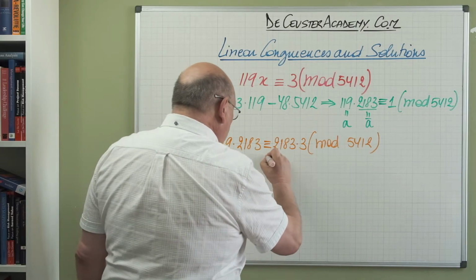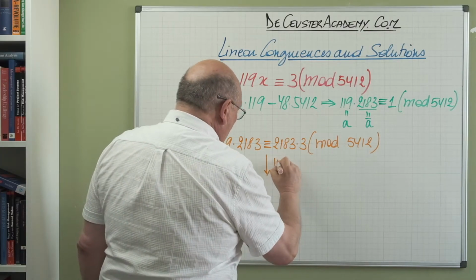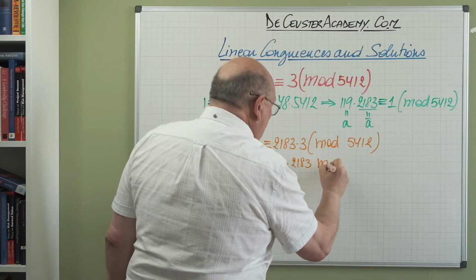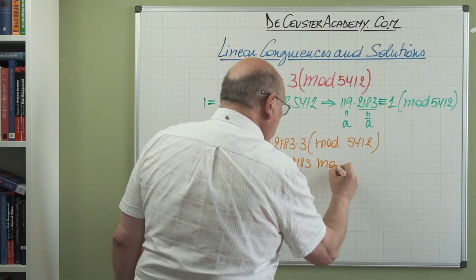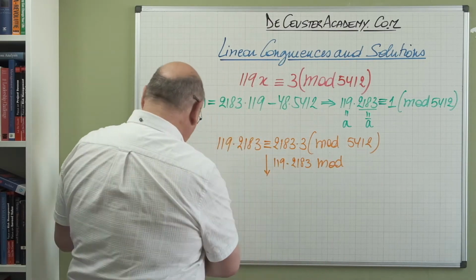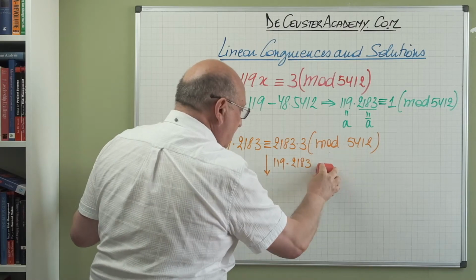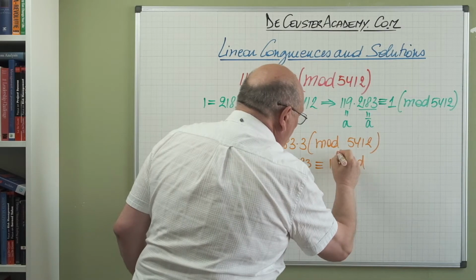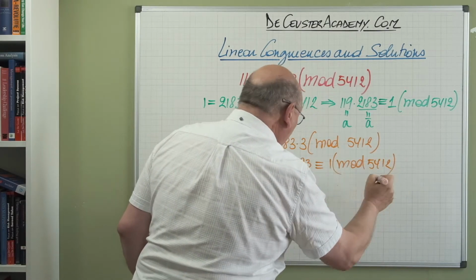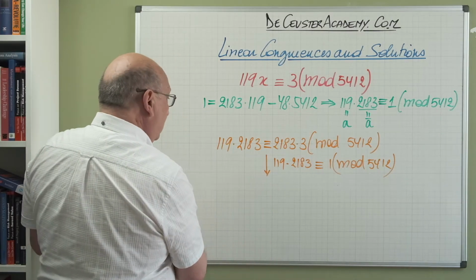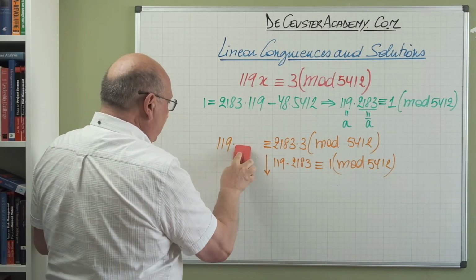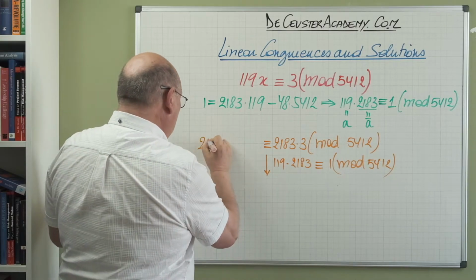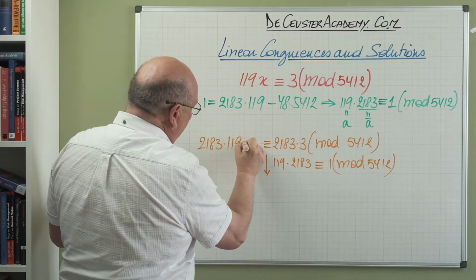So 119 times 2183 is congruent with 1 modulus 5412. Oh, I forgot the x here. This has to be with x. So this is 2183 times 119 times x.